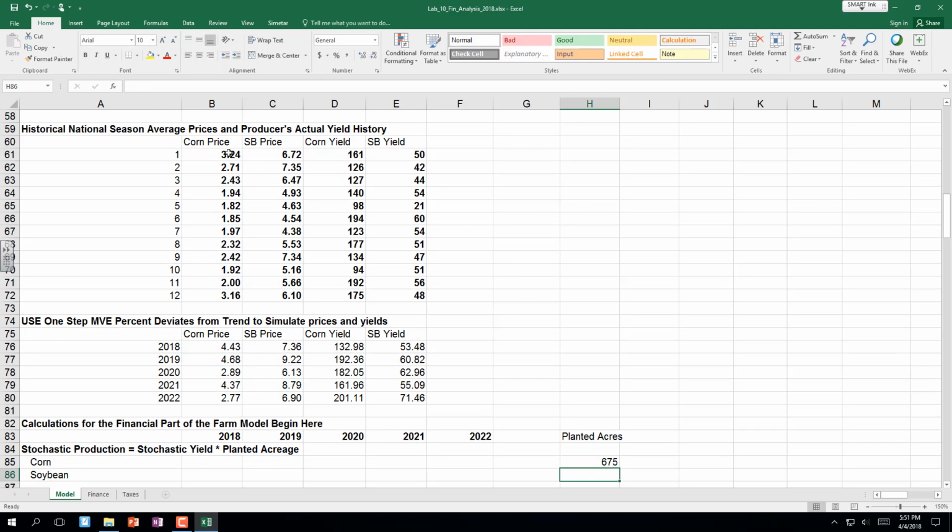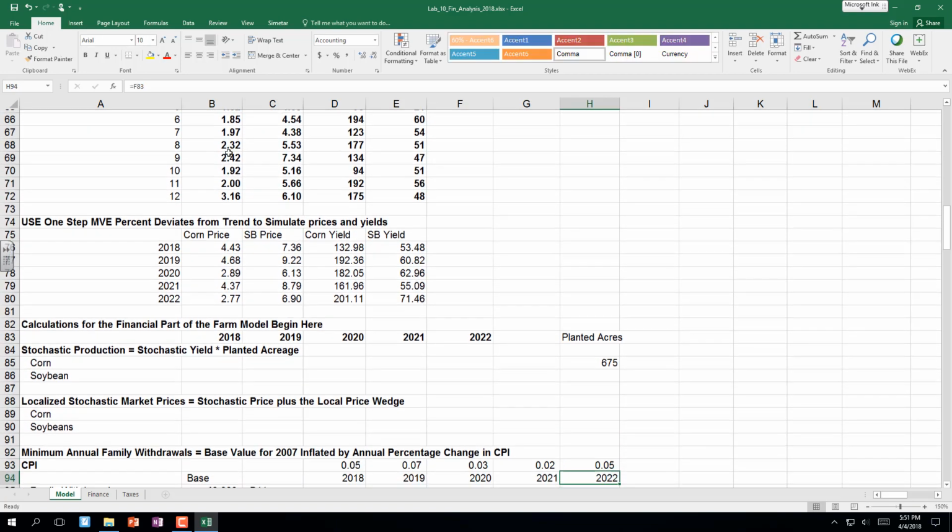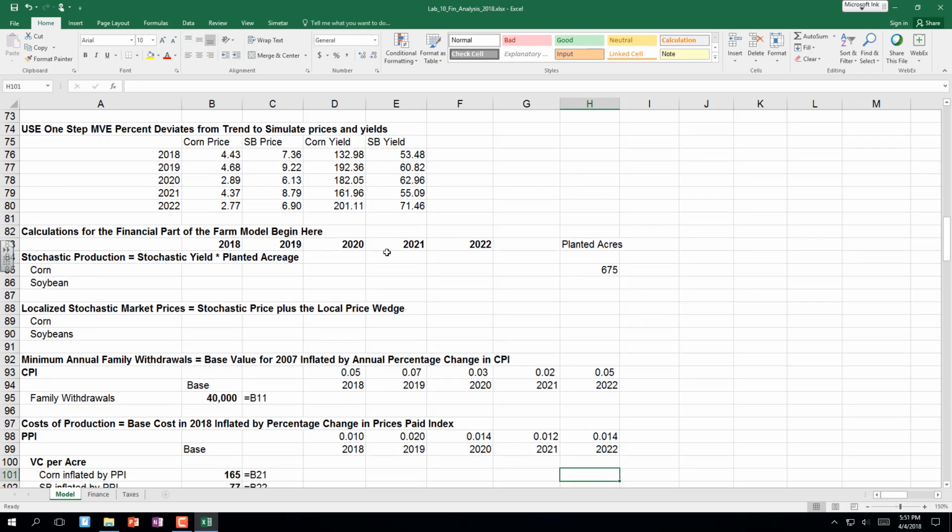Okay? And then we can drag that down, and so that'll be planted acres for 2 different crops. I'm going to say equal G formula on that. Just so we see that that's 42 and the other one's 43. Just happen to be the same number.